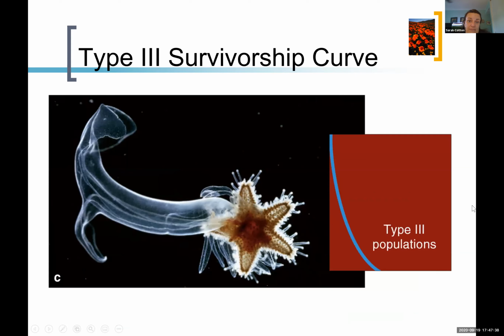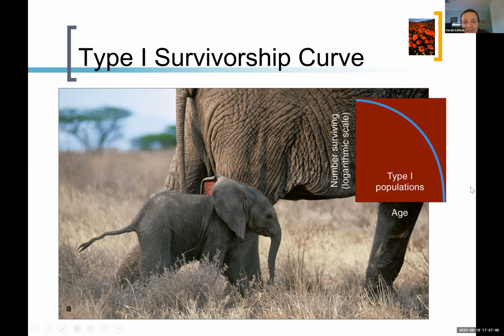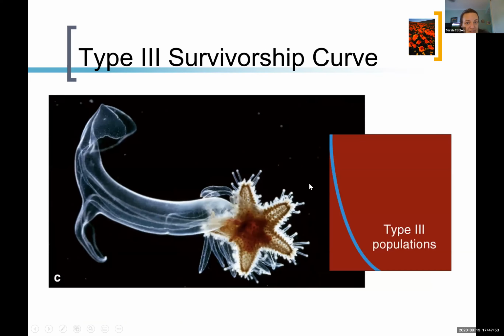Type 3 is the opposite. Type 3 is harder for a lot of people to wrap their brains around because you live in a body, right? You are an organism that has a type 1 survivorship curve, so you can't fathom what the opposite is like, okay? So here's what a type 3 survivorship curve looks like.